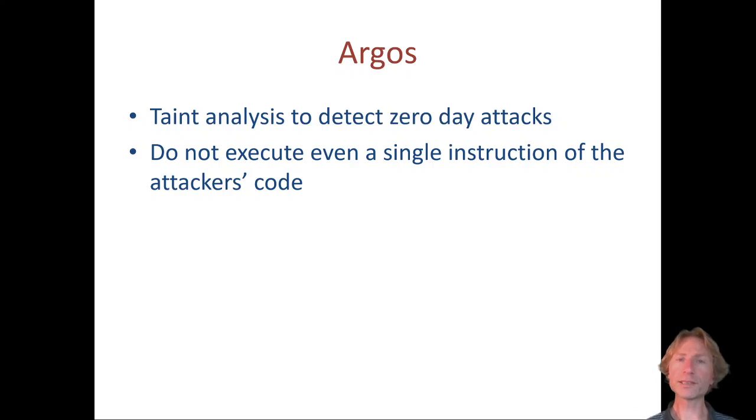So taint analysis is used to detect these zero-day attacks because we detect the attack before even a single byte of the attack's payload is executed. The assumption that we have, and that was valid in those days, is that the attacker will inject some shellcode into the system and then divert control flow to the shellcode. But at any rate, even a more modern code reuse attack would do a control flow diversion, by modifying the return address or a function pointer or what have you.